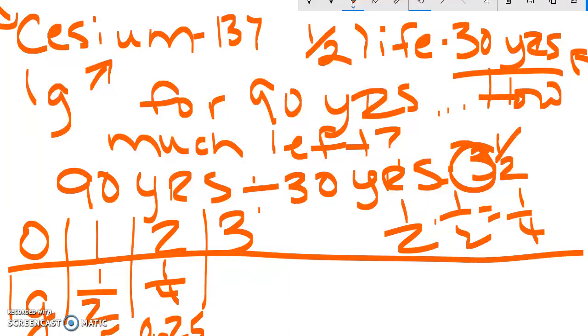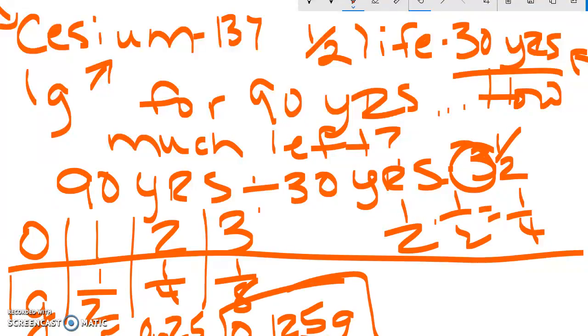After 3 half-lives, you would have 1/8 of it left. If you divide 1 by 8, you get 0.125. So you would have 0.125 grams of that sample remaining after 90 years. Okay. All right, so let's look at another one.